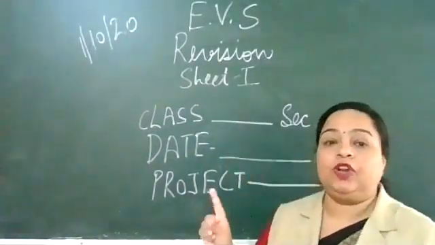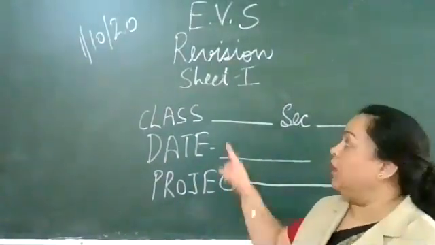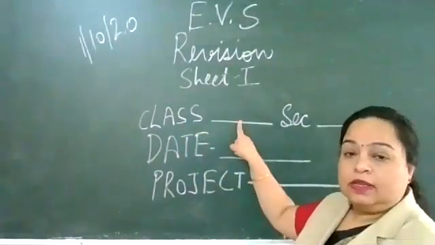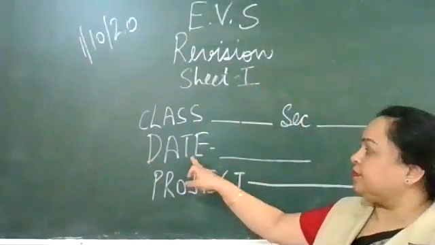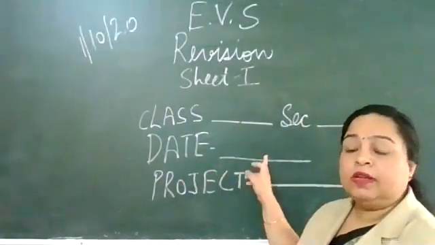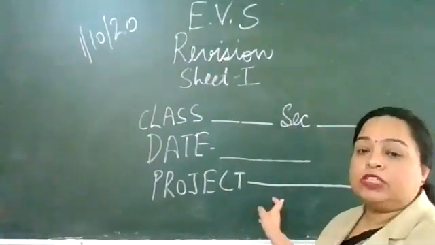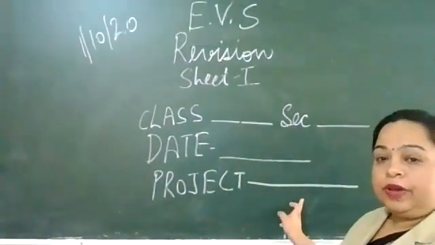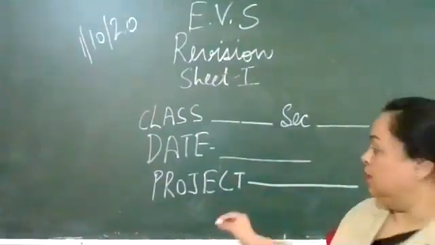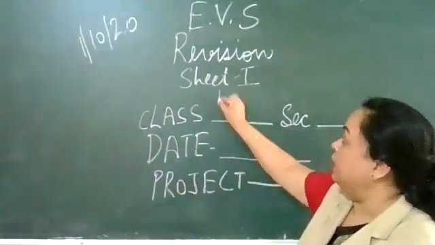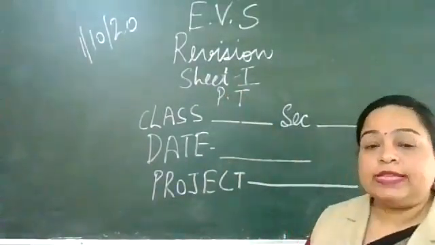The first sheet you have to make like this. First write down your class, then your section, then the date on which you are making the project, and the project name. This is sheet 1 of the periodic test project.